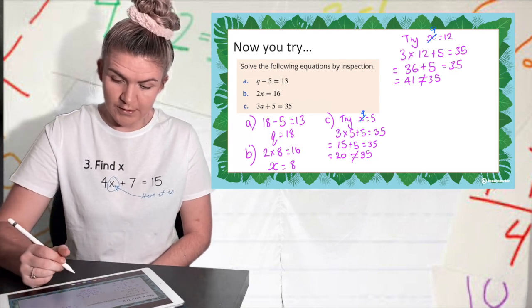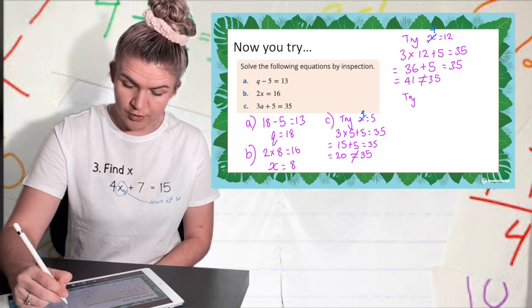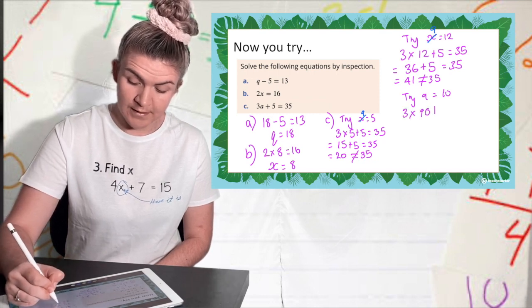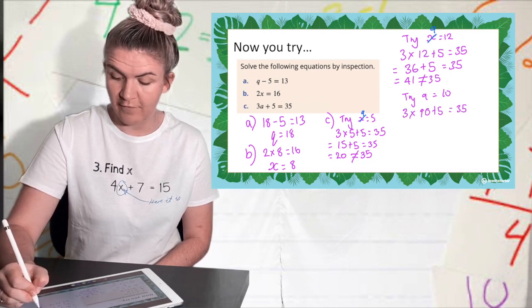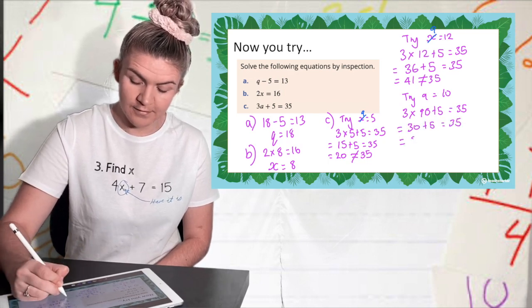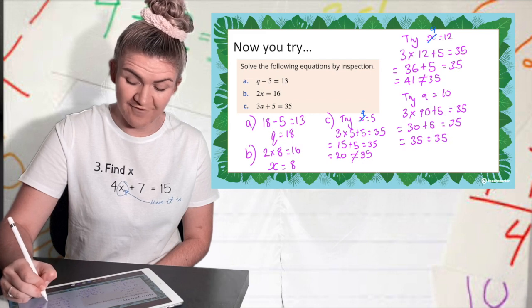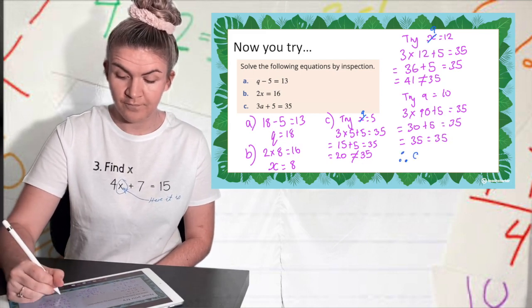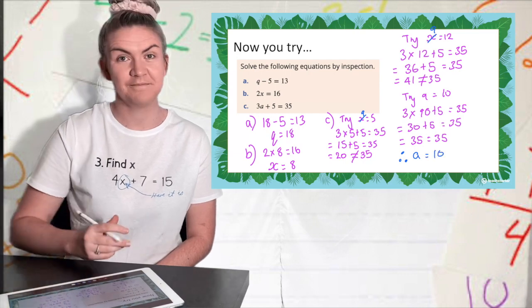Let's get a bit smaller. Try a equals 10. 3 times 10 plus 5 equals 35. 30 plus 5, oh yep, I've got it. 35 equals 35, but I need to write at the end, therefore a equals 10.